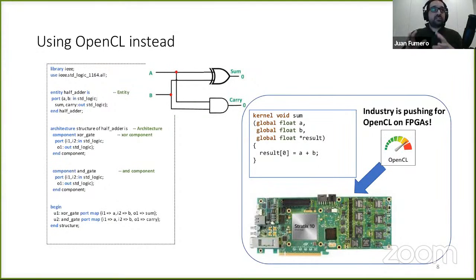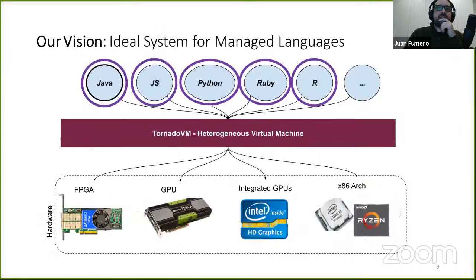Why am I telling you this? Because Tornado actually targets OpenCL, so we can go to the FPGA through OpenCL. In an ideal scenario, this is our vision. We want to access and accelerate high-level applications on heterogeneous hardware, GPUs, CPUs, multi-core, and whatever new hardware comes along.